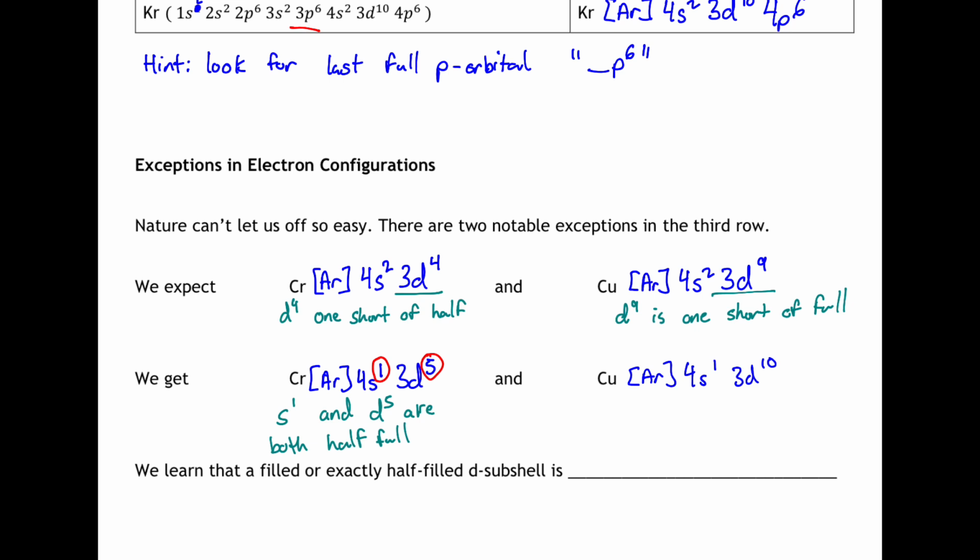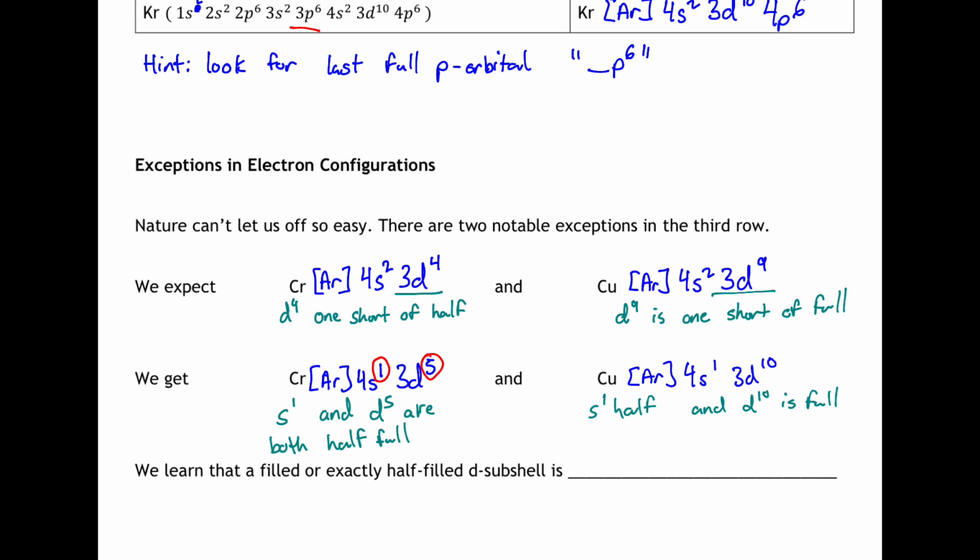So we get s1 is half, and d10 is full. So we get a half full and a full instead of a full and an almost full, like 9/10 of full. And so that's where that's balanced out. So in chromium, we get a half and a half, and then the other one we get a half and a full.